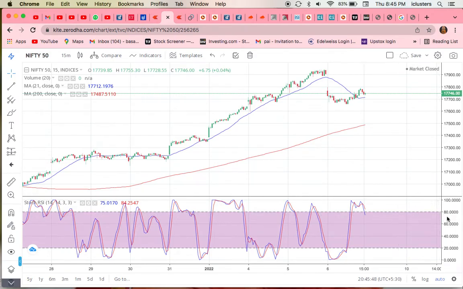Here this is the 80. This 80 shows you that price is going into the overbought zone, so buyers are already overbought, they need to sell now. Then when people start selling, price will go automatically down like this.